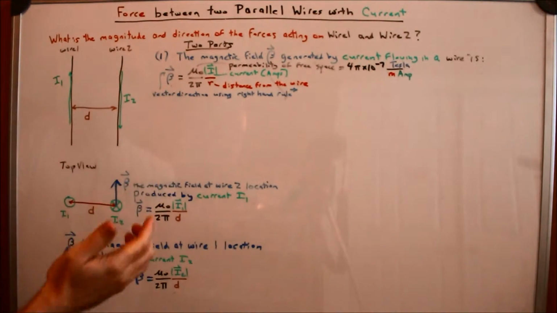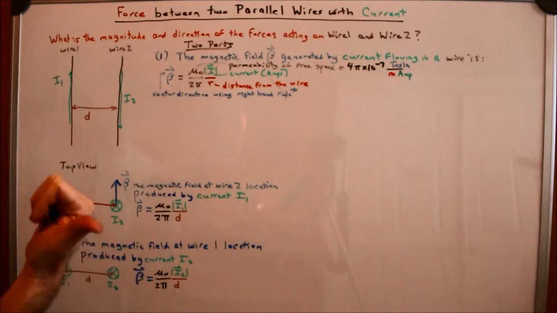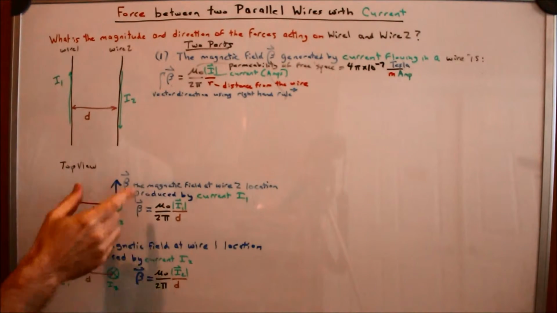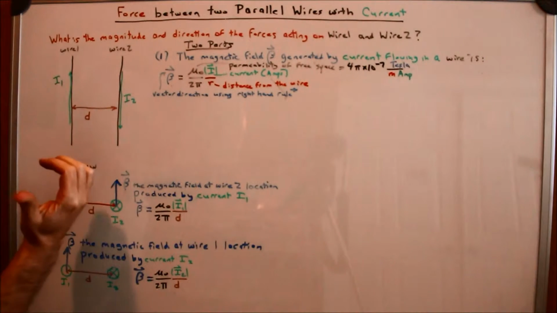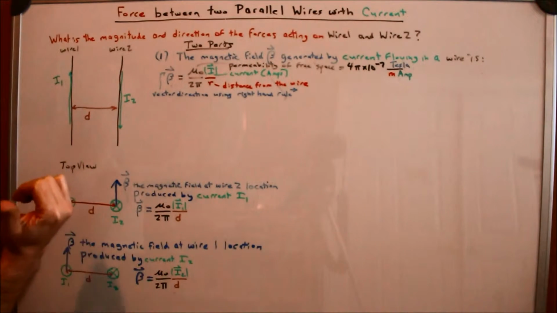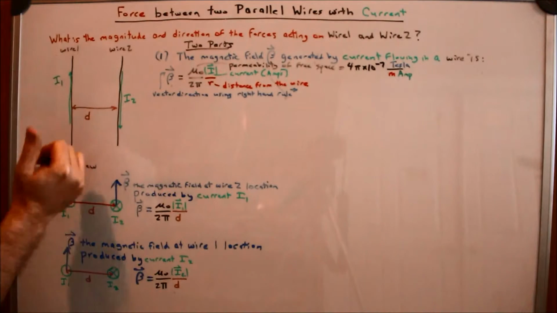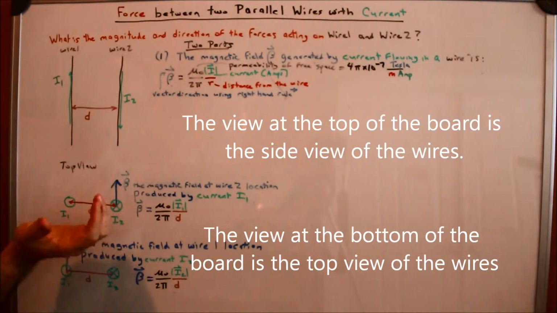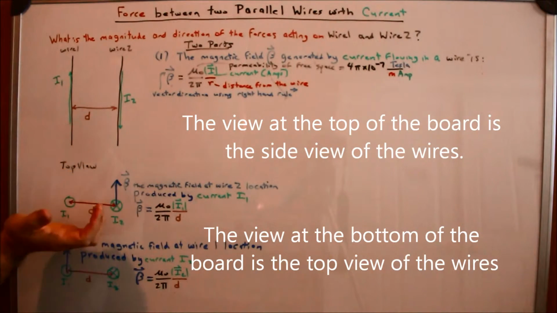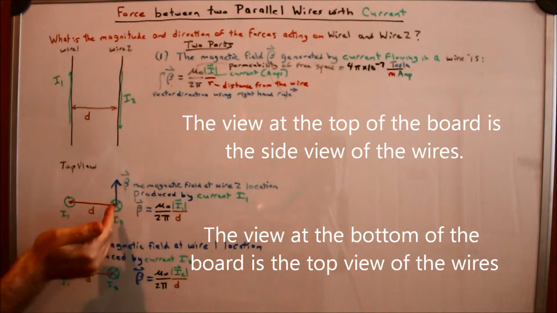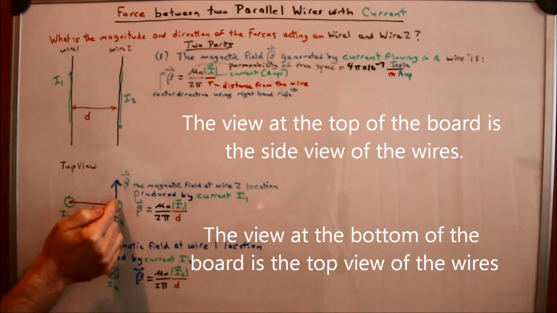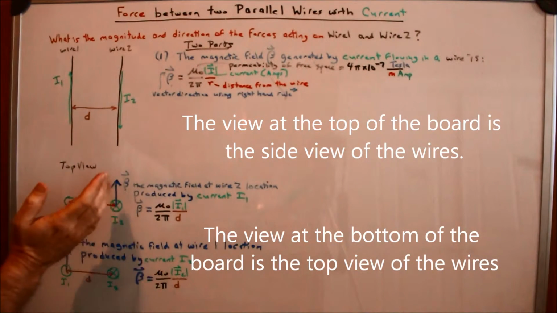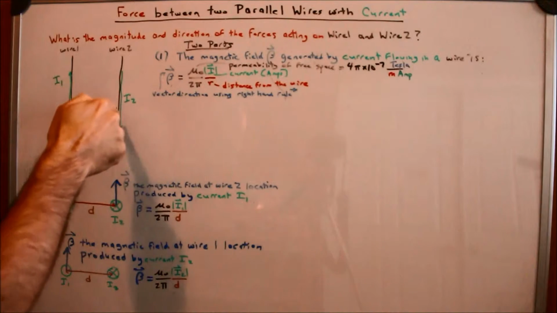First of all, for the vectorial direction, you use the right-hand rule to determine how a magnetic field is generated by a wire: you put your thumb in the direction of the current, which is up in the top view, and then with your right hand, spin around. So in this position, you can see that the magnetic field is perpendicular to this distance and going in the upward direction. Well, in the top view, it's going into the board.